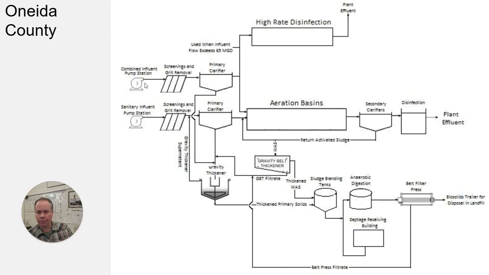Ideally, something to mention is that the only thing going to the wastewater treatment plant is sewage, or wastewater from homes, from drains. Ideally, stormwater is kept separate from this wastewater, because stormwater is not contaminated in the same way.